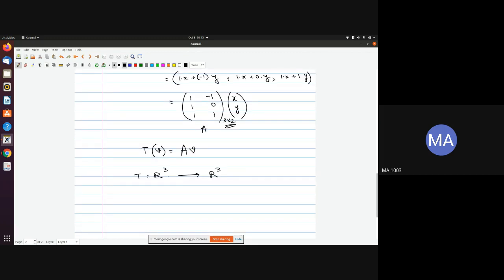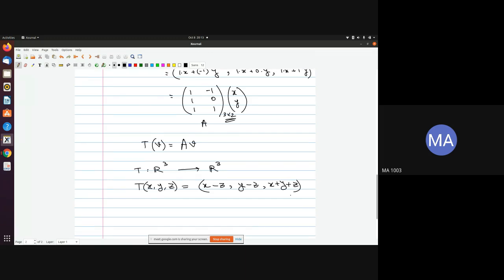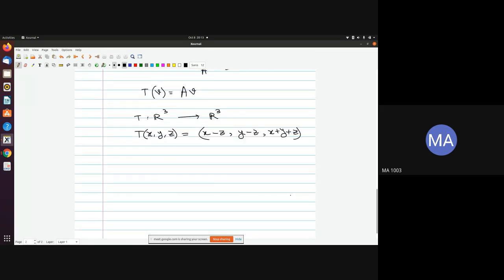So suppose I am taking R3 to R3, and I have written, let's say, this. This is again a linear transformation because everything is linear and is a linear combination of the variables. So if I want to write it as T(v) equals A into v, what is this A? 1, 0, minus 1. 1, 0, minus 1.